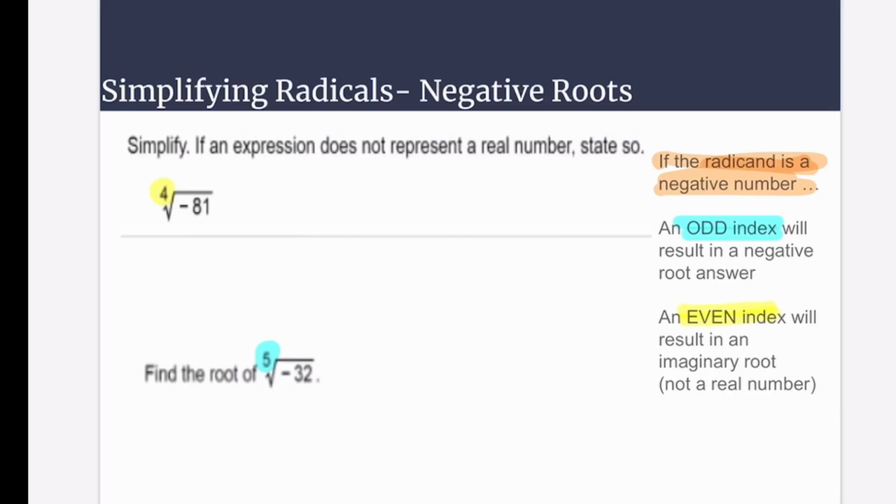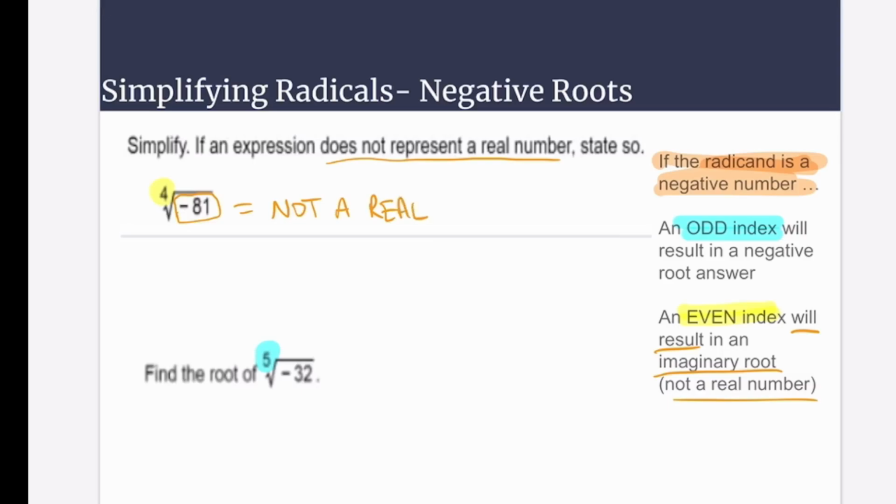So we'll do the top problem first. If there's an even index and your radicand is a negative number, in this case, the number inside is -81, it will result in an imaginary root. So this does not represent a real number. This is not a real number.